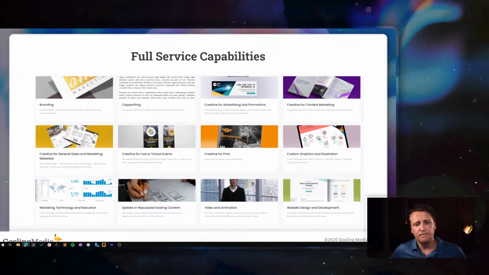But when you have a team and a system and a setup that we have that is specifically designed for handling requests for marketing people, we can handle pretty much everything that a marketing team would need. So from branding and copywriting to video production and animation, there's a whole host of product types that we deliver through the platform.